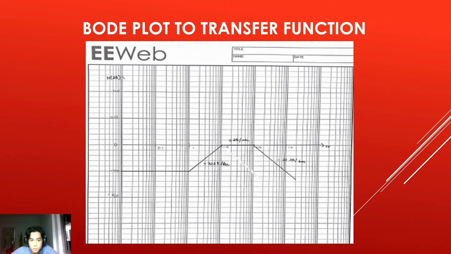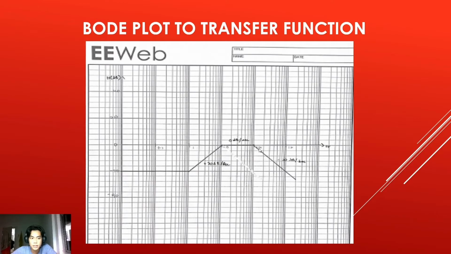So as we can see here, this is a zero slope, then a slope of positive 20 dB per decade, and then another zero slope with positive 20 dB, and then another zero slope, and then a negative 20 dB per decade slope.